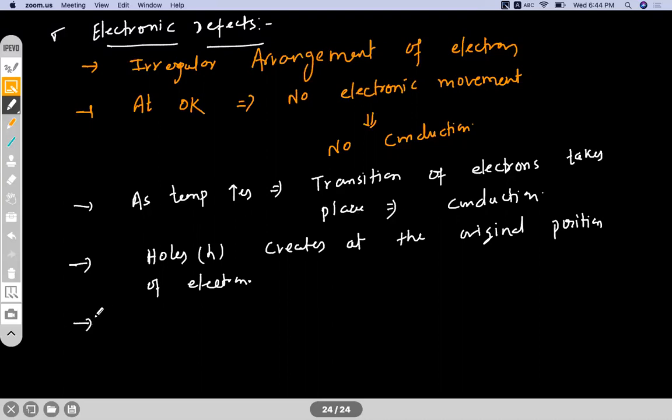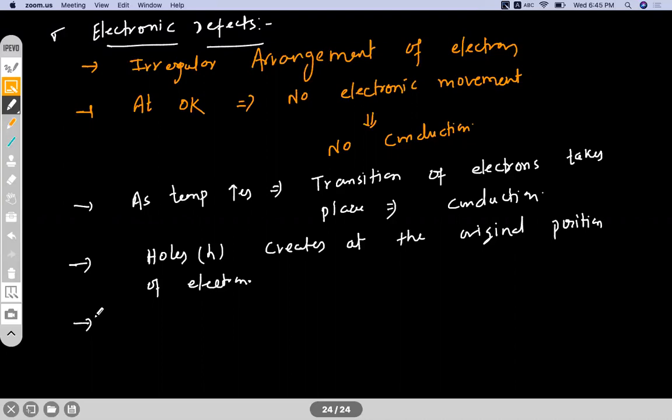Right, next, concentration of electron. The concentration of electron is represented by a small n, and that of holes is represented by a small p.